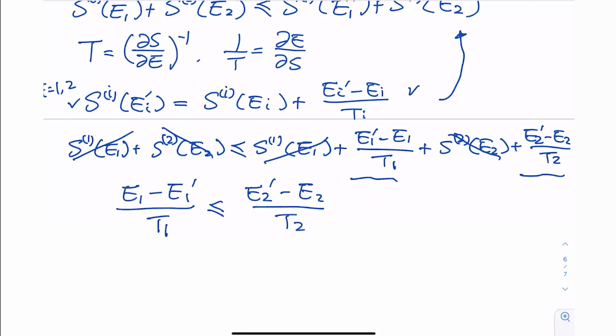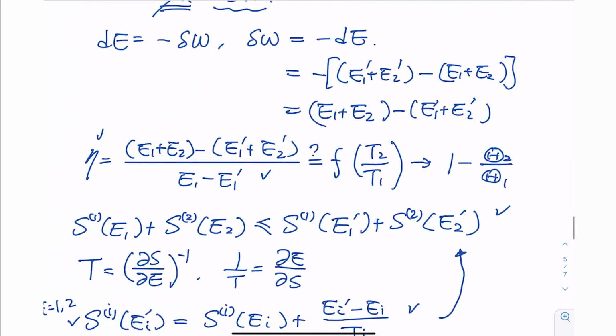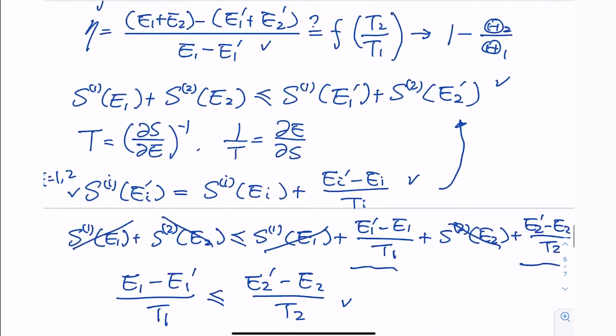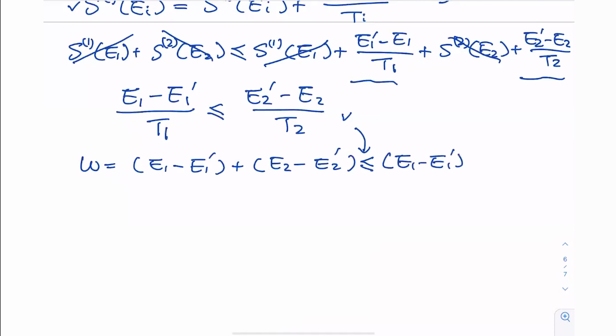So now, if we have this relation, we can ask how to express the work done by our system, because now the work done by our system is basically this, and use this inequality. It must be smaller than this.